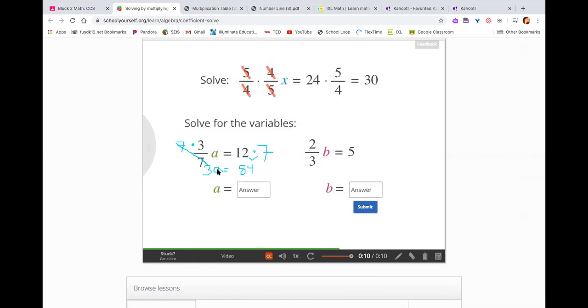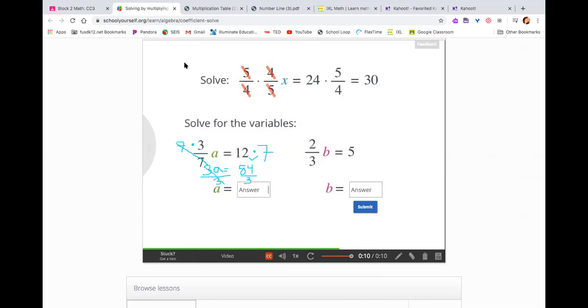Now I have 3a equals 84. So what do I need to do? It says 3 times a, and I need to do the opposite. Divide. This cancels out.